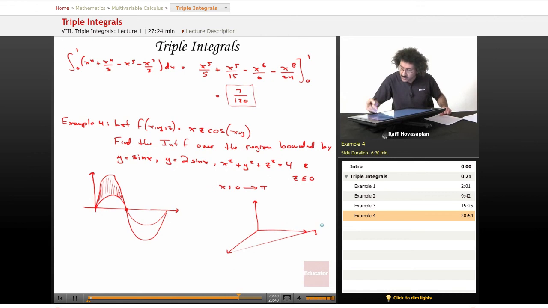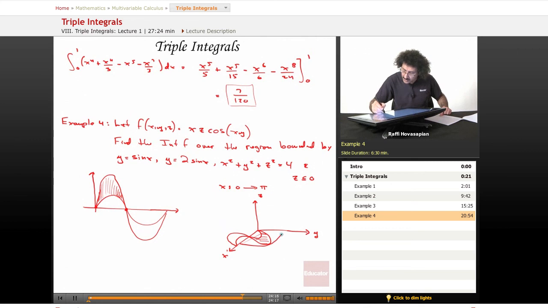So remember, this is, oops, crazy lines again. I love those things. Okay, so this is x, this is y, this is z. So y equals sine x, and that's sine 2x, so this is the region. And then of course we have everything below that, so we have the sphere.